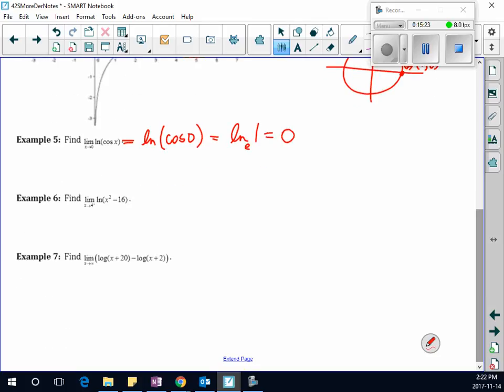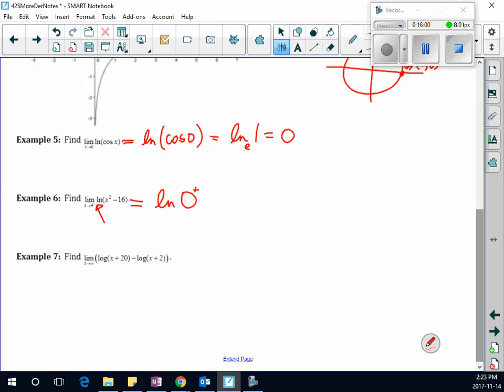Okay, how about this one? The limit as x goes to 4 from the right side of ln of x squared minus 16. I said this would be the ln of 0. The reason why it's a plus though is this is essentially ln of 0 going from the right-hand side, right?